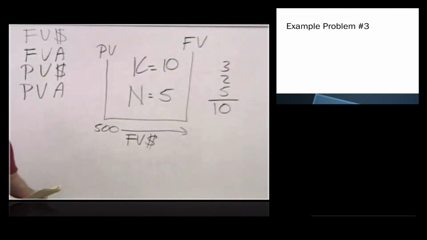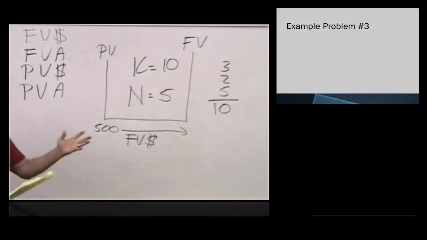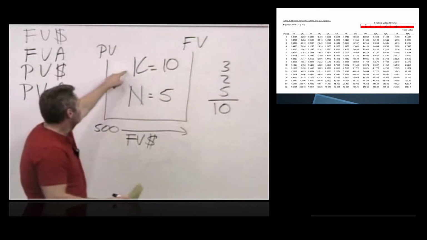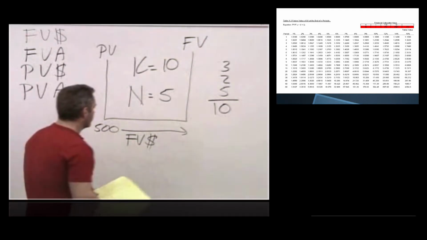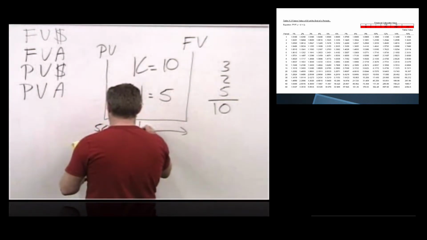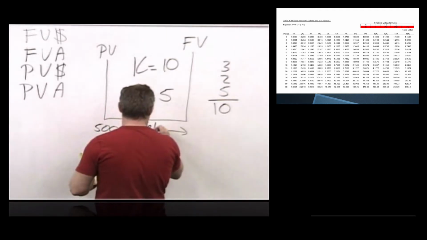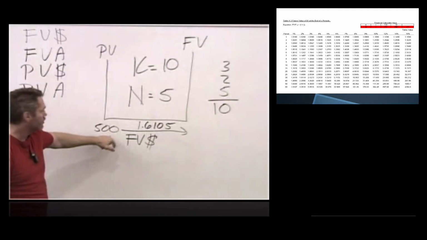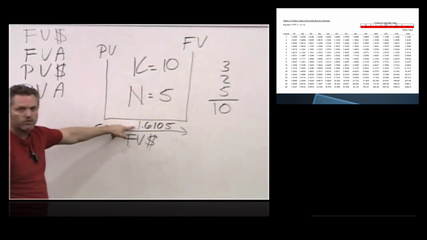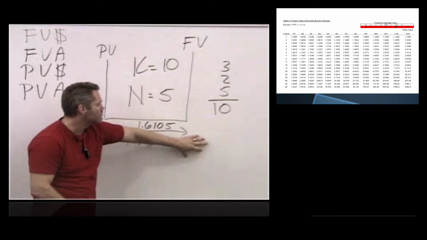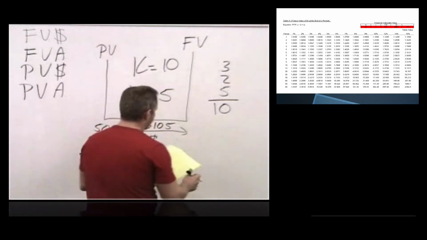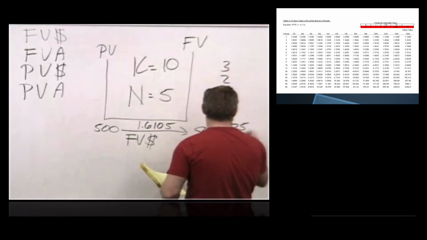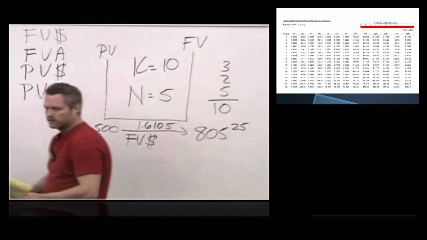And if we look up the future value of a dollar chart, which we calculated earlier, and I look up K equals 10, N equals 5, there you're going to find a factor of 1.6105. We're then going to take $500 times 1.6105 and see how much money we're going to have 5 years from now. And that comes out to $805.25.